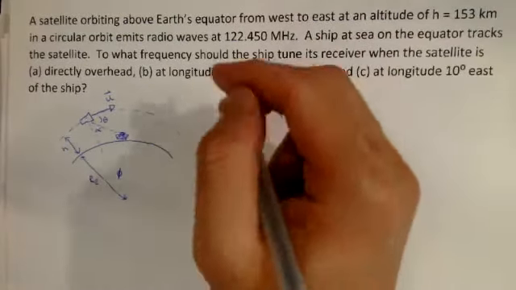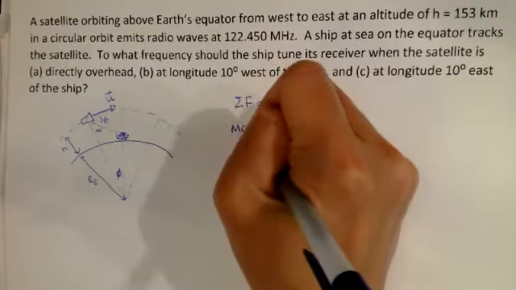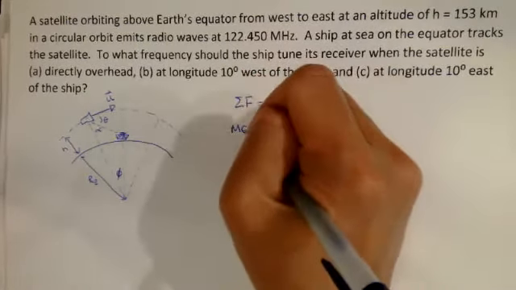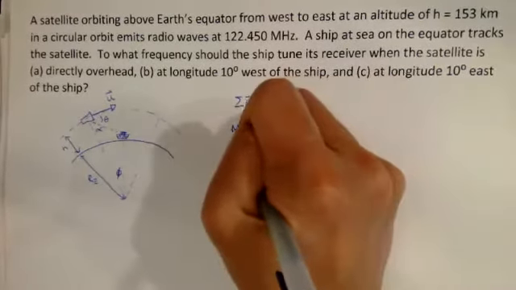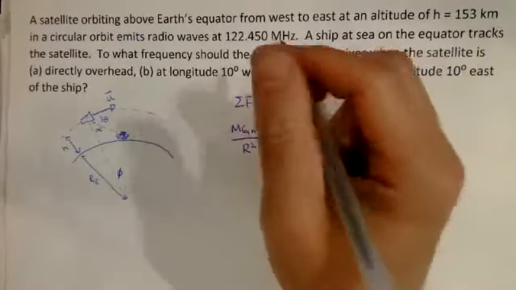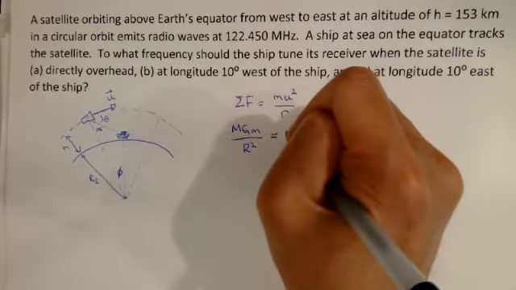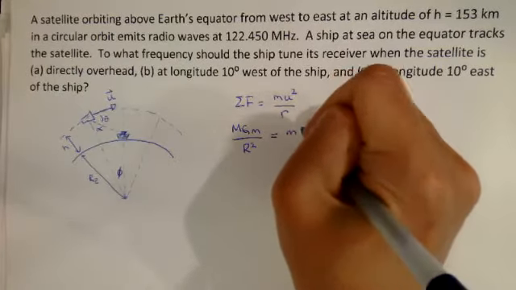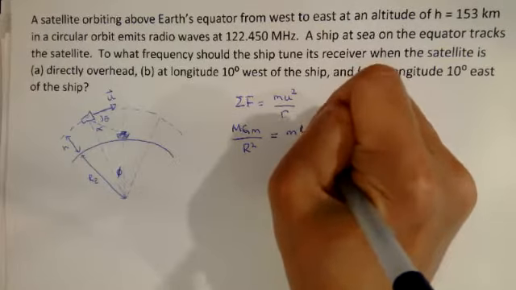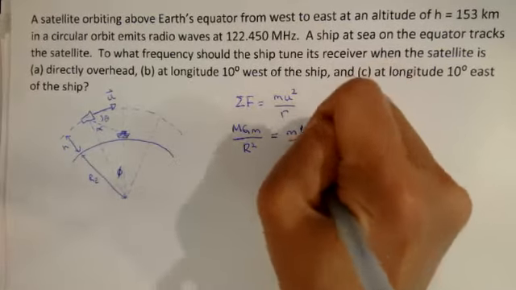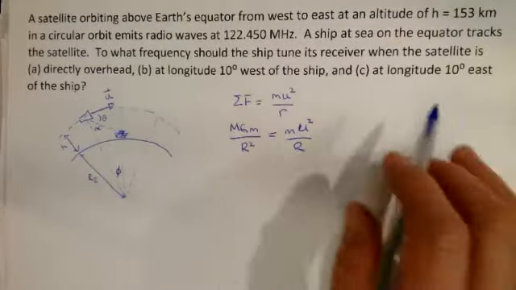We can write this then as mass of the Earth times G times mass of the satellite over total radius squared has to equal m times u squared over r. Little m's on both sides cancel.